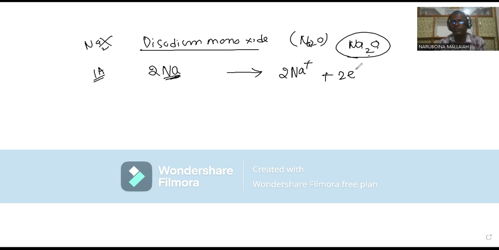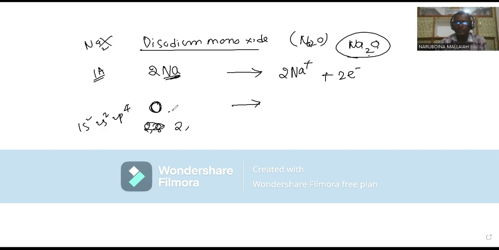That's why I'm writing 2 electrons here. Now oxygen. Oxygen always has the tendency of gaining electrons. Its configuration is 2, 6. 1s2, 2s2, 2p4.